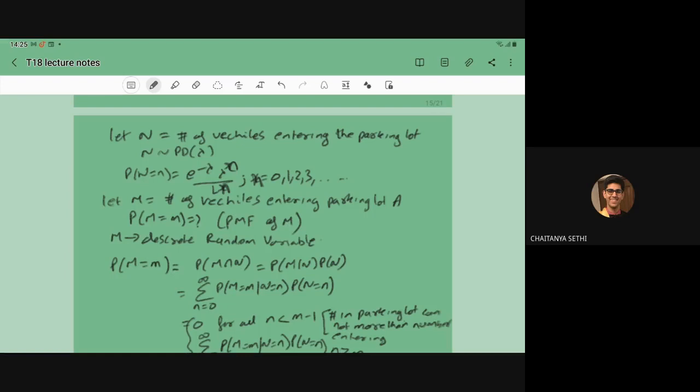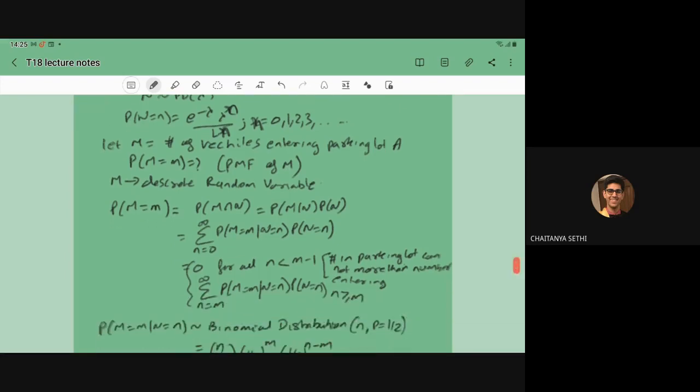Now this value is equal to 0 when n is less than m, because the number in parking lot A cannot be more than the number of vehicles entering the parking lot.